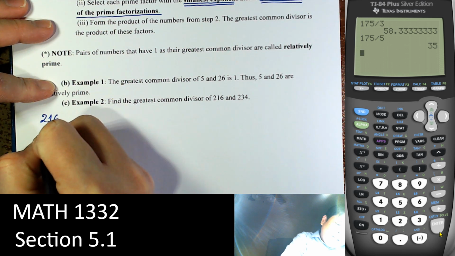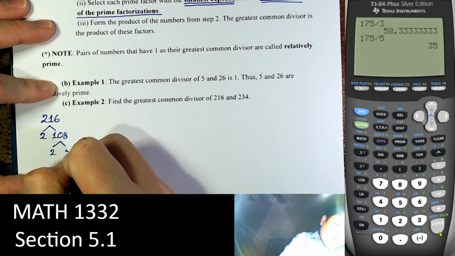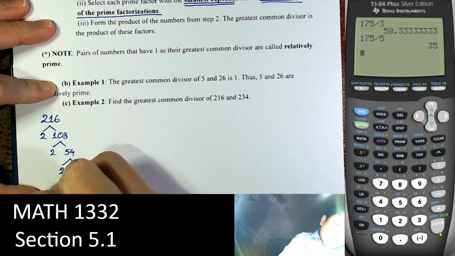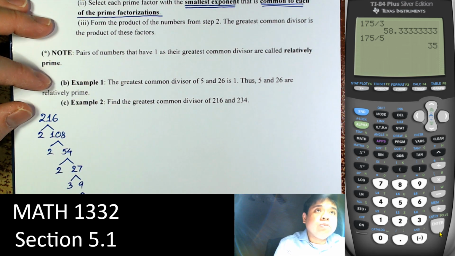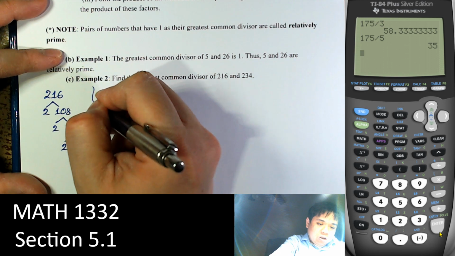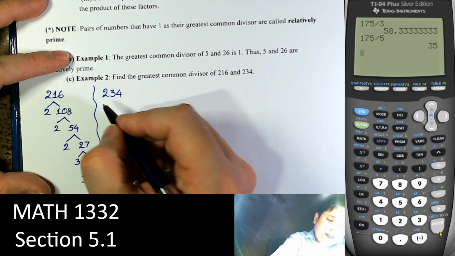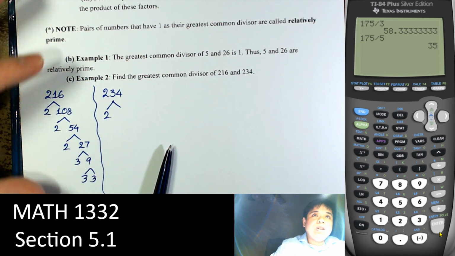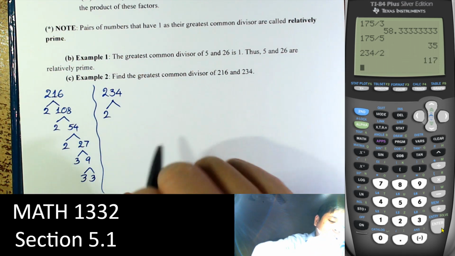216 divided by 2 is 108. Divided by 2 is 54. Divided by 2 is 27. 3 and 9. 3 and 3. Right. That's 216. Now 234. 2 and 117.